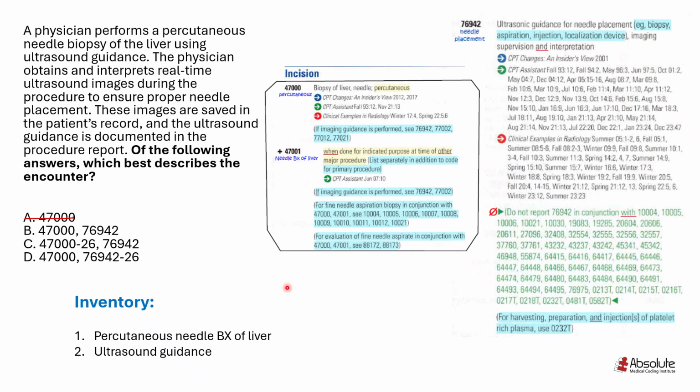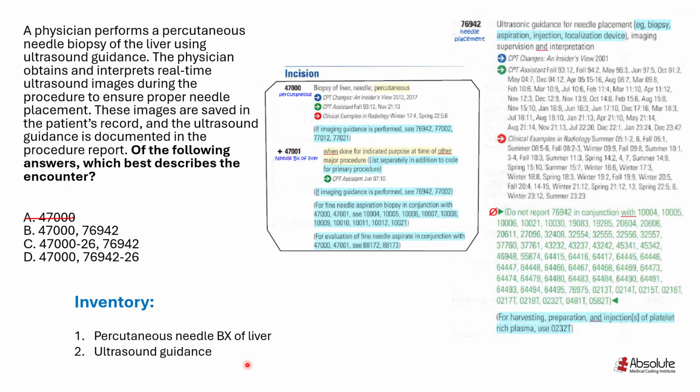Okay, coders, so this is where the guidance, this is what you have to know. When a doctor is working in the capacity of a radiologist and they're carrying out a procedure like this case, so they need that image guidance to carry out the biopsy, when that is the case, they are not the professional component of that procedure.